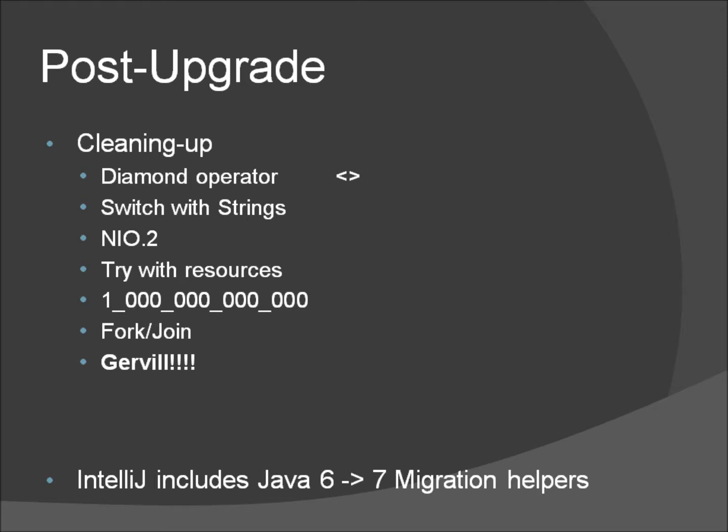Because Java 7 knows that the only thing you want to create is something assignable to that side, we don't need to repeat all this. You just say new HashSet, open bracket, close bracket, which they call the diamond operator. The compiler will say, okay, I understand what you mean. You mean create this big thing for you to assign over there. So it just makes it cleaner.